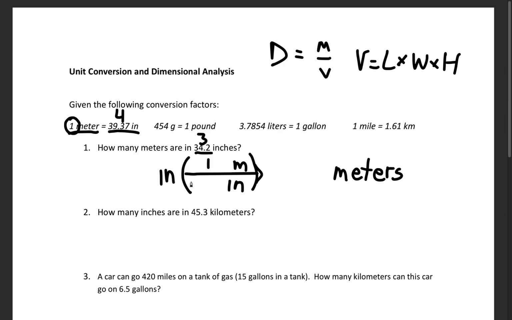So 1 meter is 39.37 inches. There we go. All right, now I can walk my line. I know that my inches are going to cancel out.